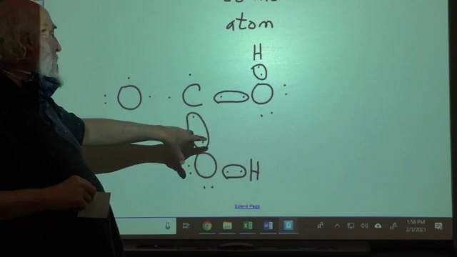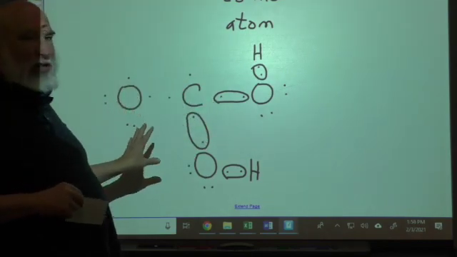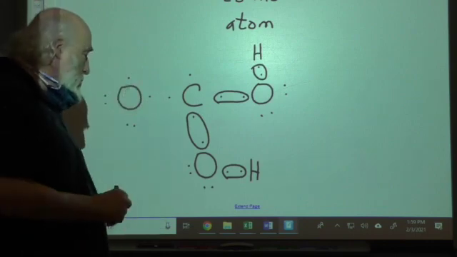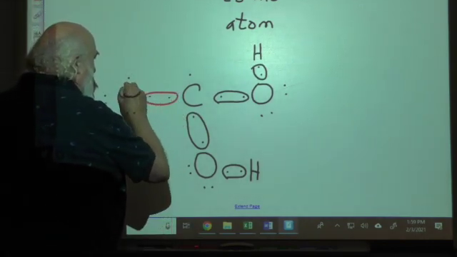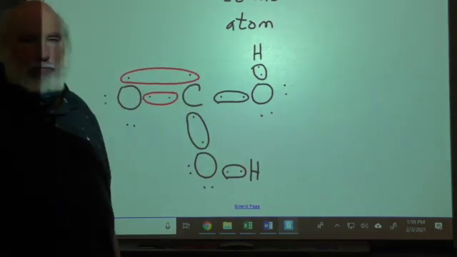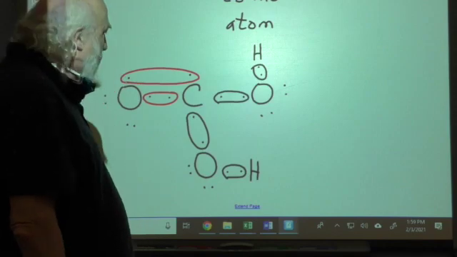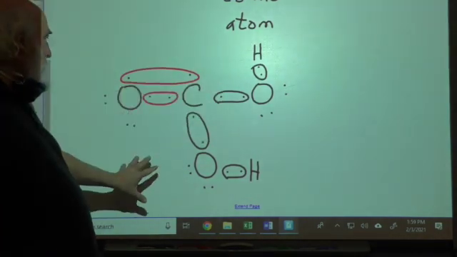This carbon now has 2, 4, 5, 6 electrons, and as we said, this oxygen here has 6. They both lack 2. That means that we're going to get a double bond between those 2. Okay, so the circle form of the Lewis dot structure is completed.